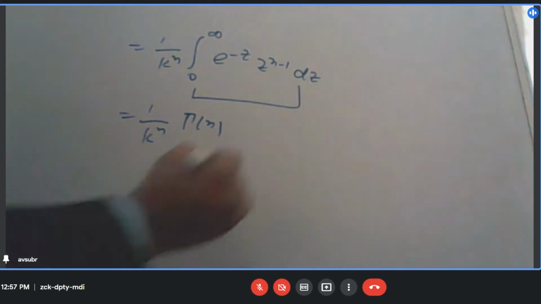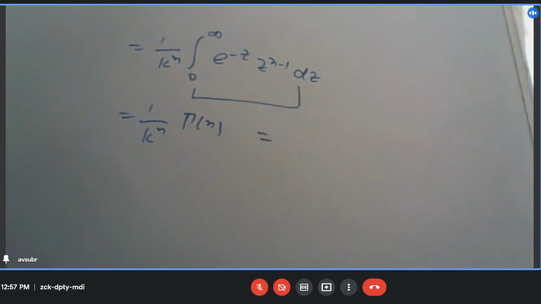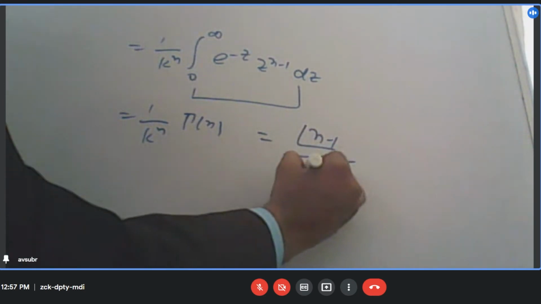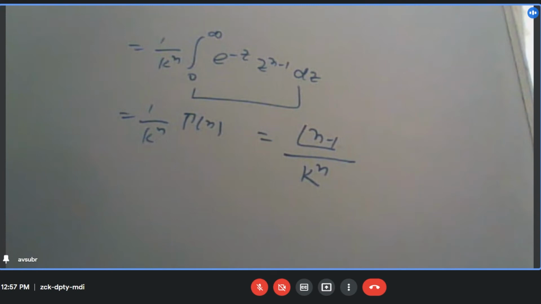And for n a positive integer, gamma n is factorial n minus 1. And therefore this is the answer. This is the proof we had to do, and we did it. Any issues with it?